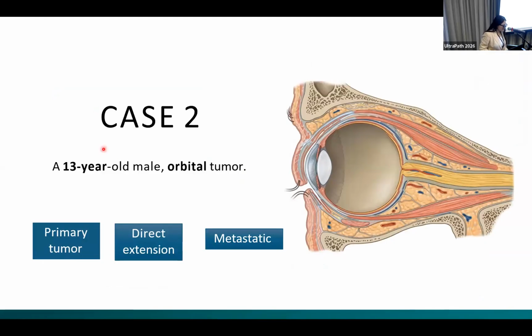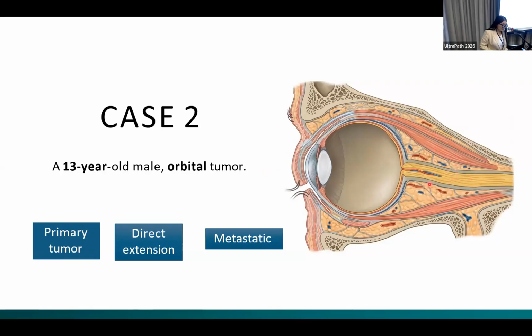This is the second case. This is a 30-year-old male with the only data available was that it was an orbital tumor. So with this information, we must consider three possibilities. The first one is that maybe this is a primary tumor because we have the optic nerve, the adipose tissue, and extraocular muscles.